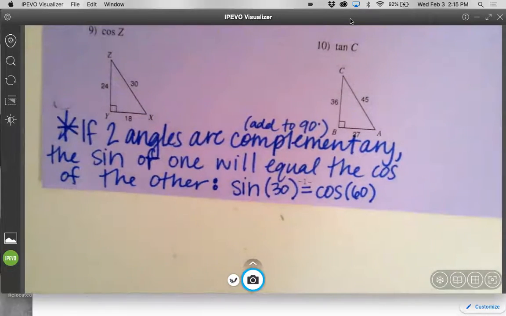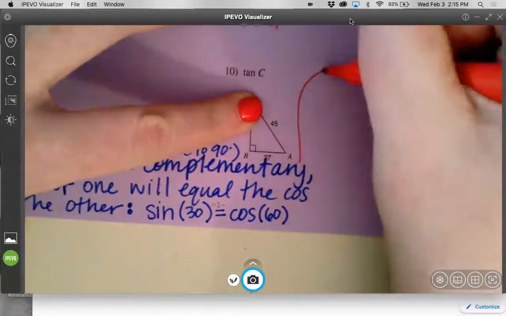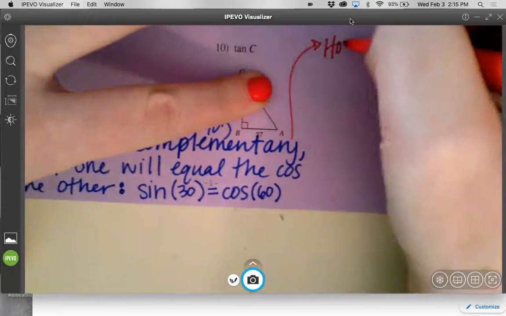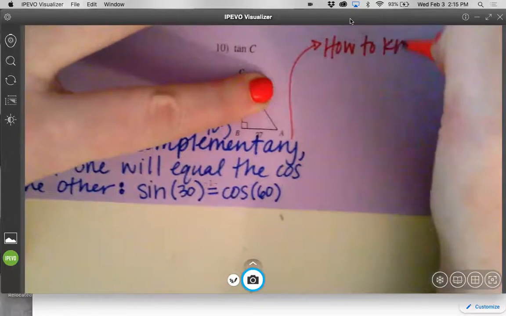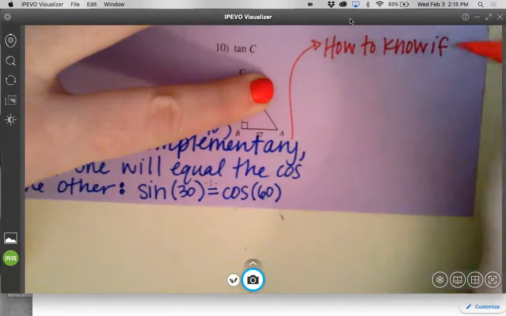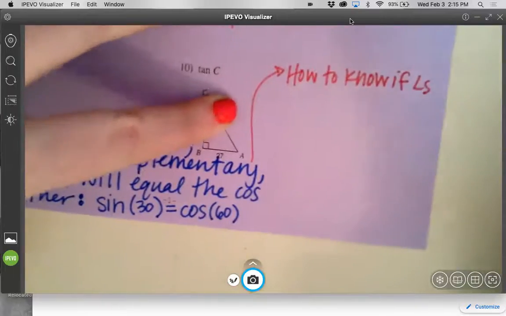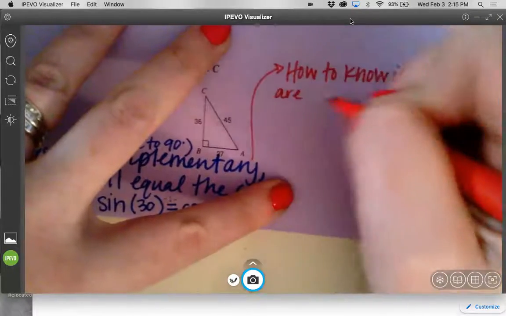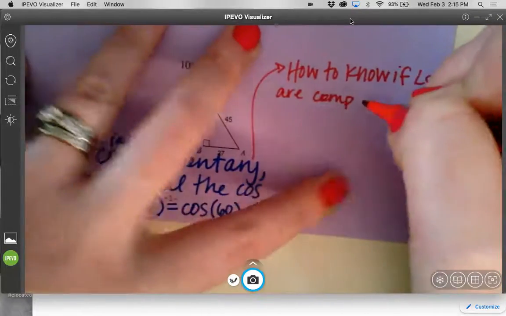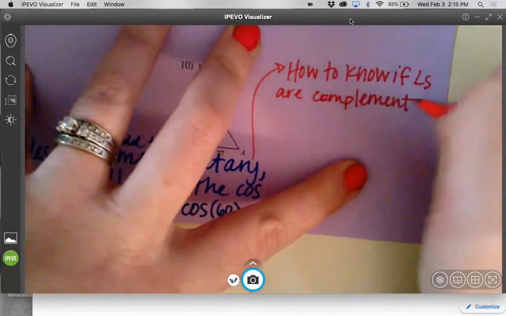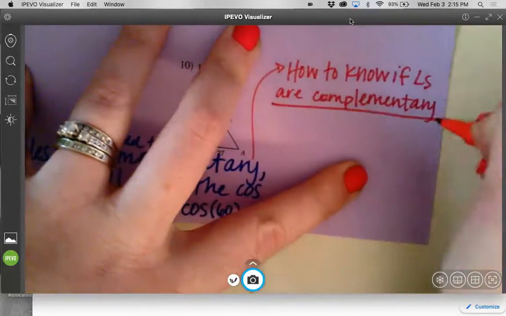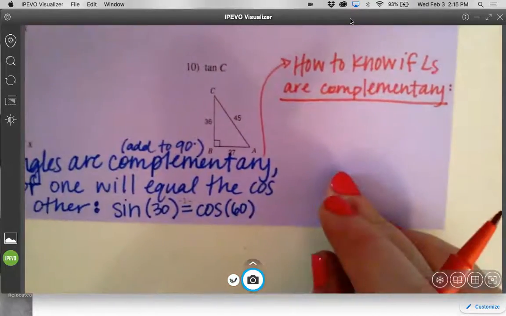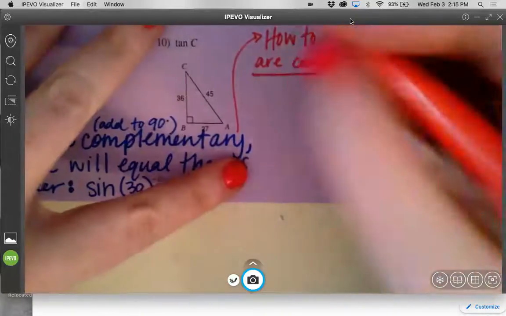So what we do also need to add is how you're supposed to know that they're complementary, because there's about 3 ways that you could know. How to know if angles are complementary. Okay, so I'm not trying to insult your intelligence, but the first 2 or 3 are going to be real obvious.